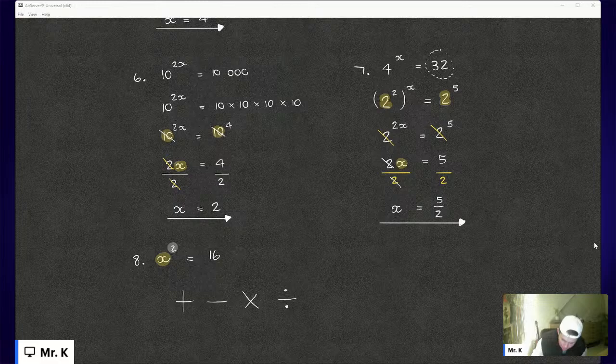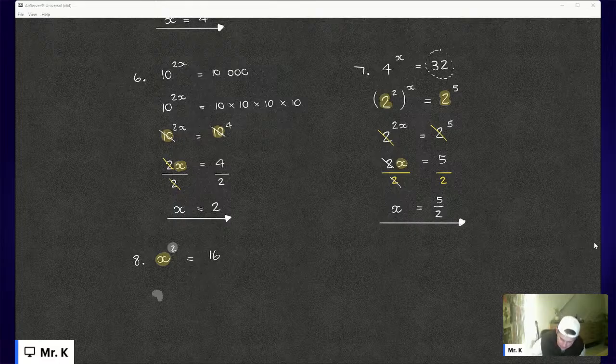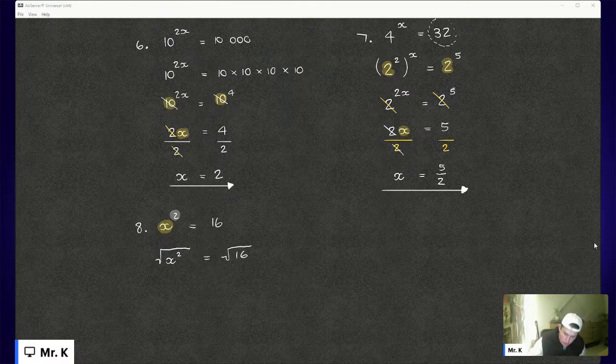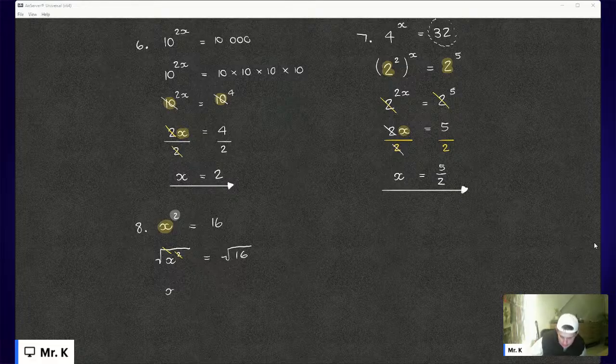So if I want to get rid of the effect of the square symbol on the left-hand side, I need to square root the x squared. But what I do to one side of the equation, I must do to the other. Okay? On the left-hand side, again, the root sign and the square symbol are going to cancel, leaving us with just x.